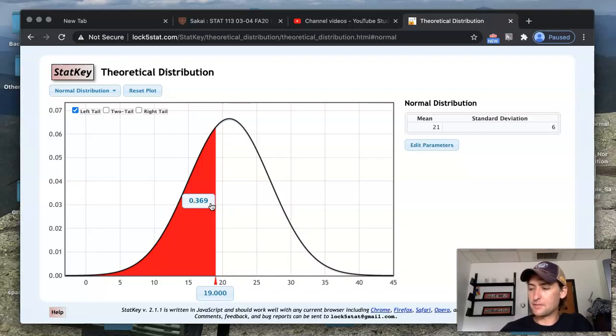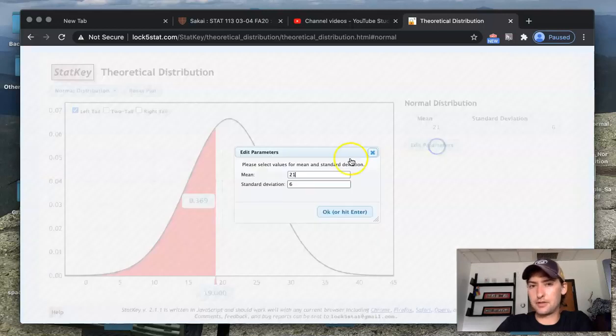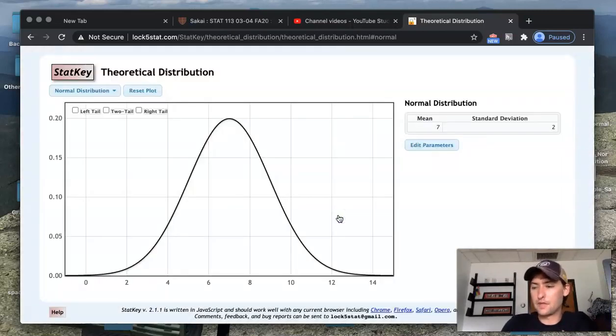All right, similarly, moving on to page 6 of our note packet, we had made a couple of other guesses. The first one was with this baby weight example. So I'm going to edit these parameters. The mean baby weight was 7 with a standard deviation of 2. The first question we wanted to know was, what's the probability that a woman gives birth to a baby that's more than 12 pounds?